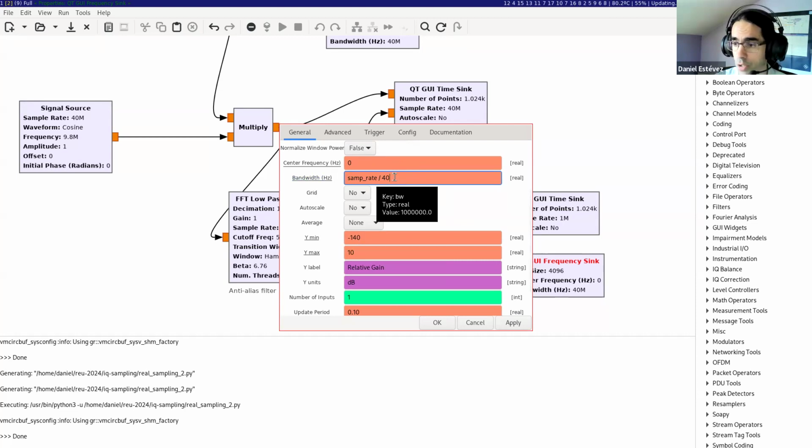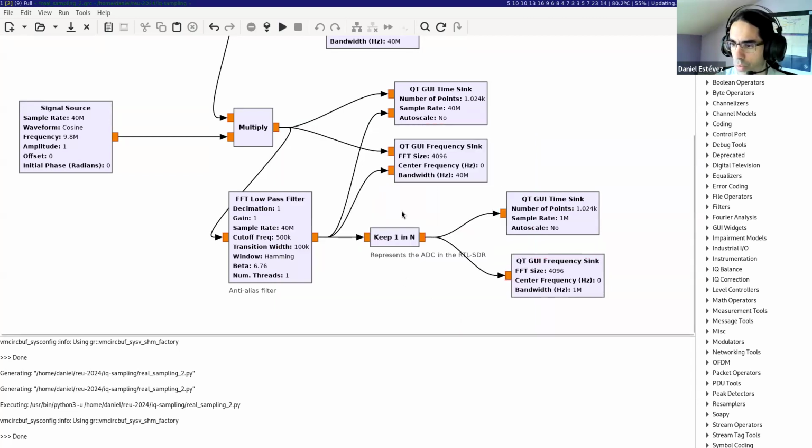If we do interpolation or decimation, we need to keep track manually of the sample rate at each of the blocks and tell GNU Radio. So here we need to say the sample rate is my sample rate variable divided by 40, because GNU Radio doesn't know that we have kept one in every 40 samples here. Each block is independent, so to speak.